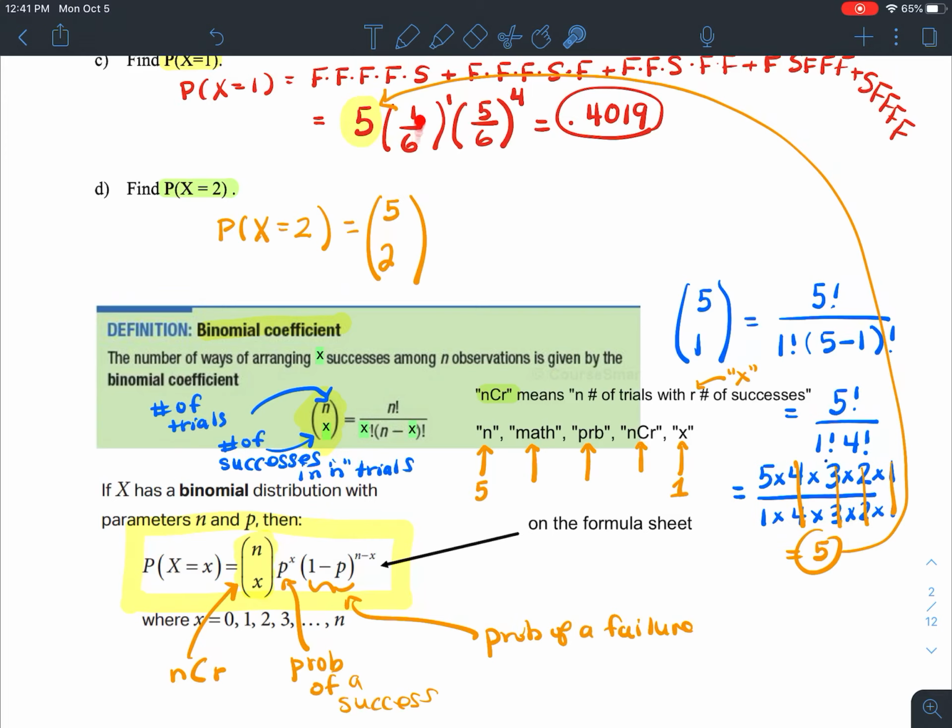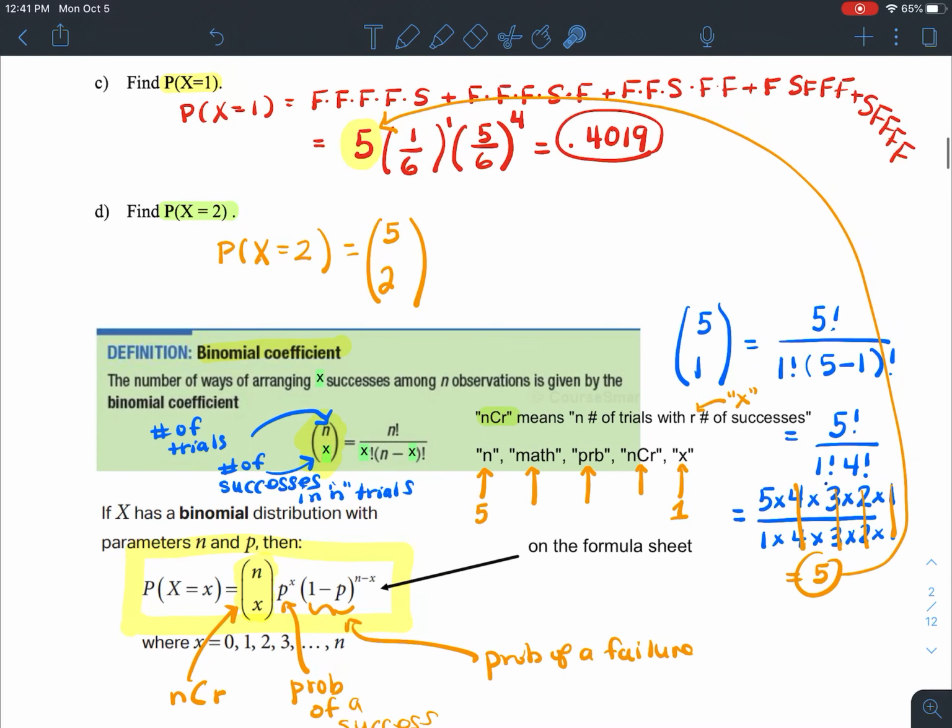We put the probability of a success, and we made the exponent the number of successes that we wanted, and then we followed that up with the complement, the probability of a failure, and the exponent on that was all the other remaining trials, so that these 2 exponents should always total the total number of trials, in this case the 5 rolls that you're going to be doing here.